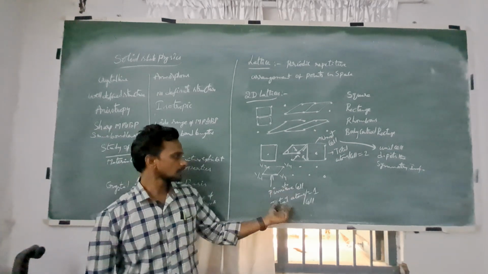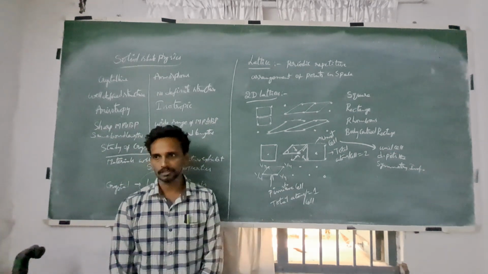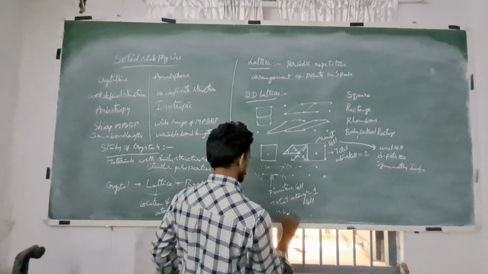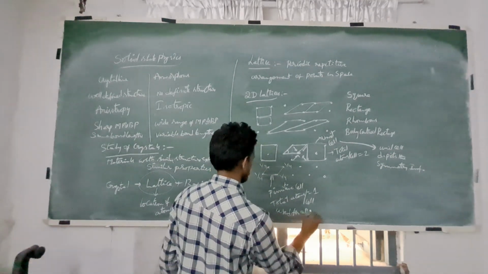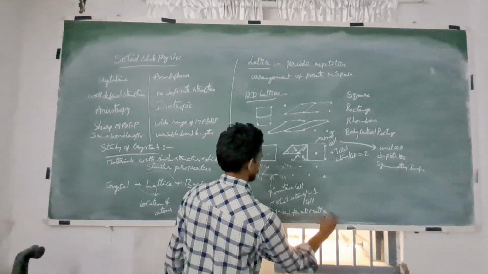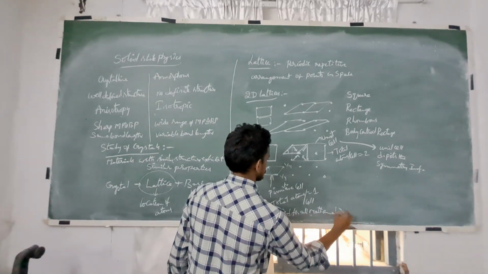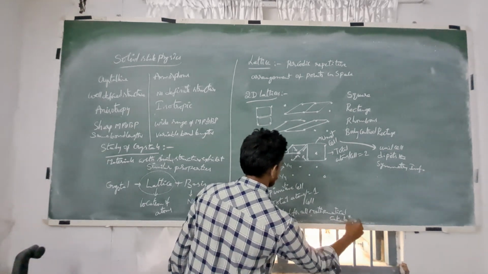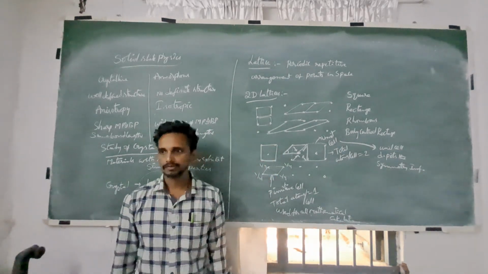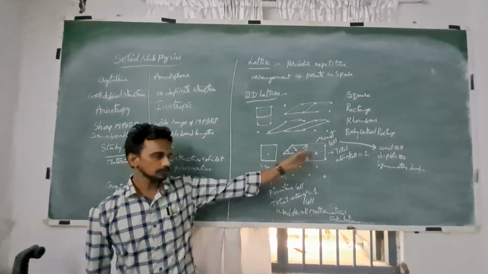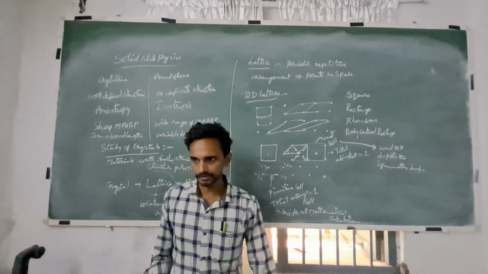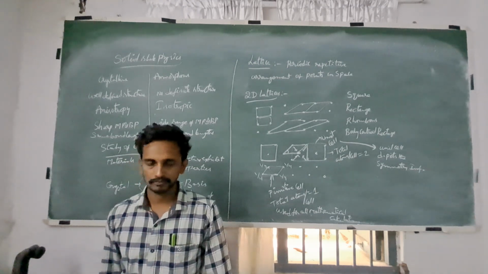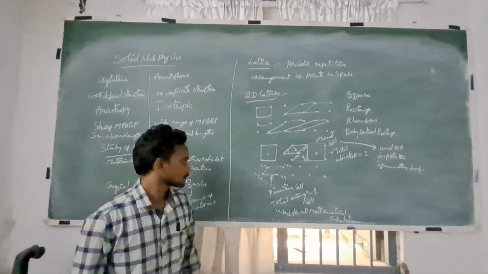Whereas this primitive cell is used for all mathematical calculations, because the more the atoms, the more the complexity of the mathematics.